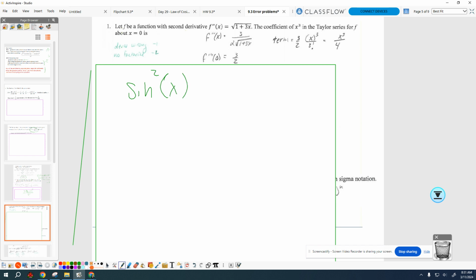That was from the textbook, right? That's a homework question? There was a hint on the homework that said use an identity.